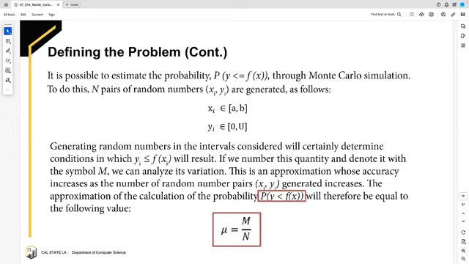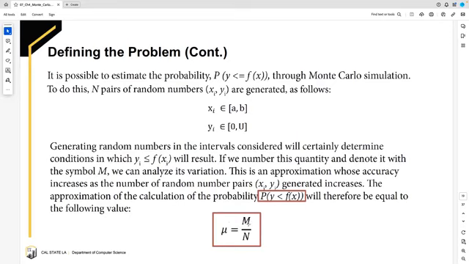So what we define here is that, recall that every time we are interested in yi's which are less than or equal to f of xi, the gray area. Those numbers that have this feature, meaning that they are in the gray area, we count them, and we use capital M for showing the number of randomly generated numbers which are in the gray area, okay?